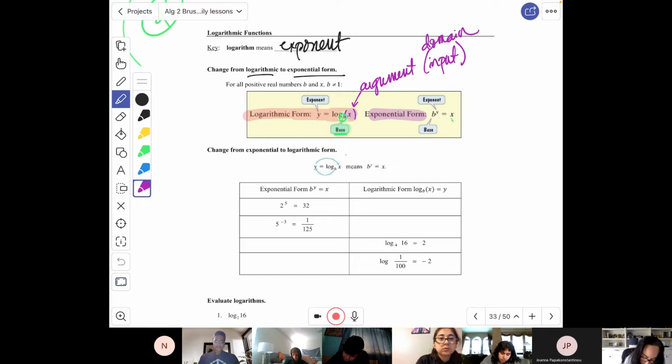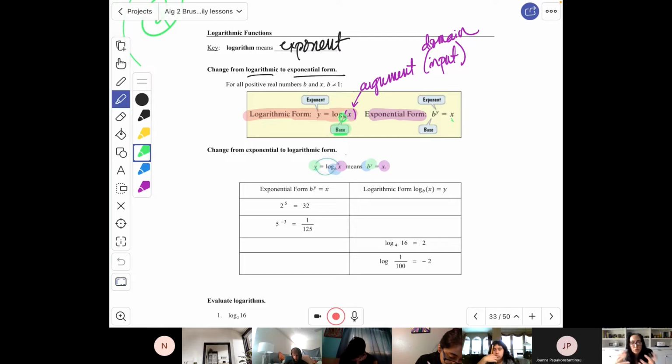To convert that, we take the base, this little subscript, and that becomes the base in exponential form. The output is the exponent. The argument is x. So this is how you convert from exponential form to logarithmic form and from logarithmic form to exponential form. The base of the logarithm becomes the base in the exponential form. The input, the argument to the logarithm, is your output. The result of the logarithm is your exponent.